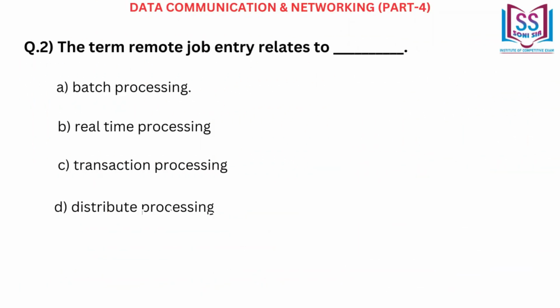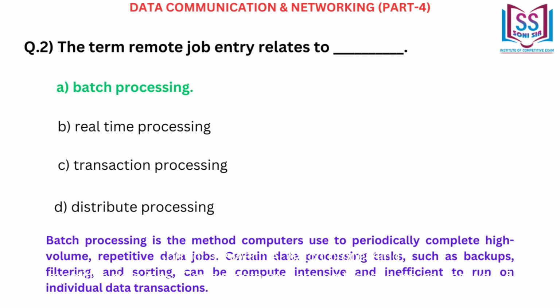The term remote job entry relates to ___. A. Batch processing, B. Real-time processing, C. Transaction processing, D. Distributed processing. Correct answer A. Batch processing. Batch processing is the method computers use to periodically complete high-volume, repetitive data jobs.